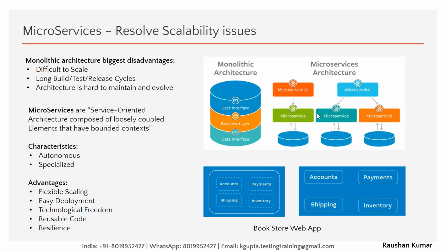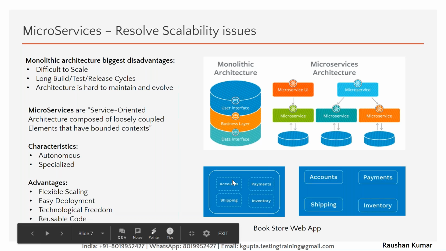The communication does not change between the layers. When I say microservices, I am basically talking about the business layer, and I'm splitting the business layer into various components, sub applications, and making each sub application independent. Suppose this is my accounts, payment, shipping and inventory, deployed in the monolithic way of development.